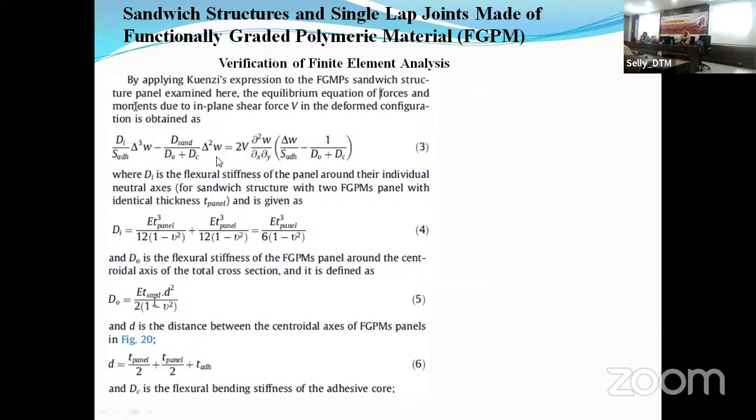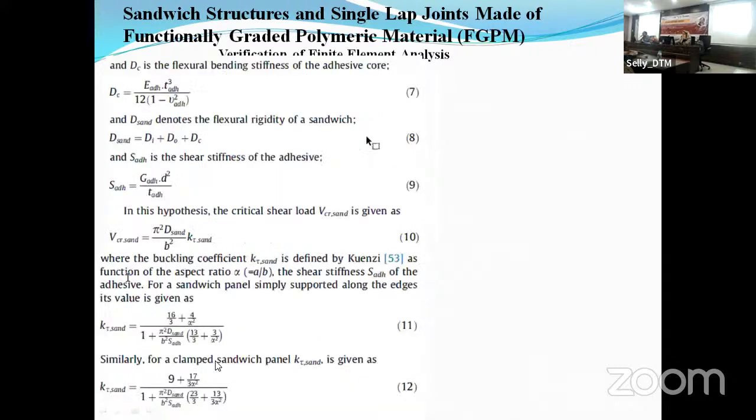By applying the Quanzi expression, the equilibrium equations of the force and moment due to the in-plane shear loading, we can define the deformed configuration. And we take into consideration the flexure stiffness, and then the panel thickness is important, and the sandwich thickness is important, and we take into consideration some factors.